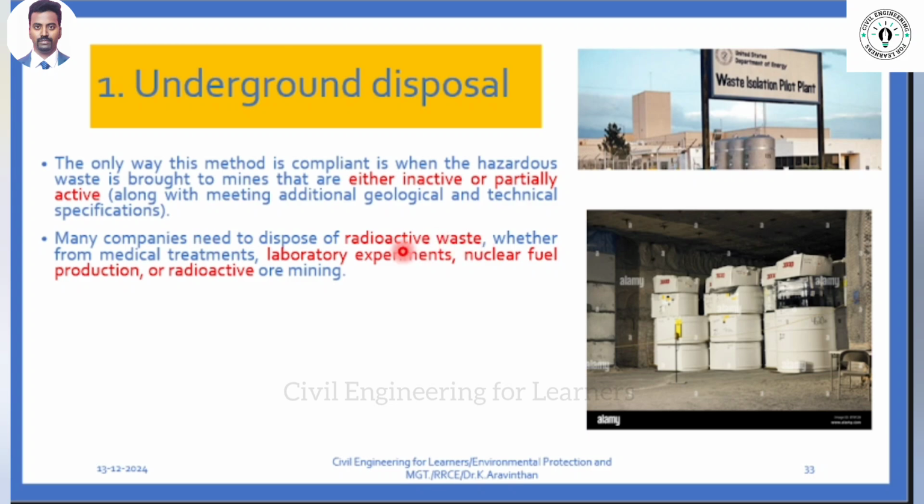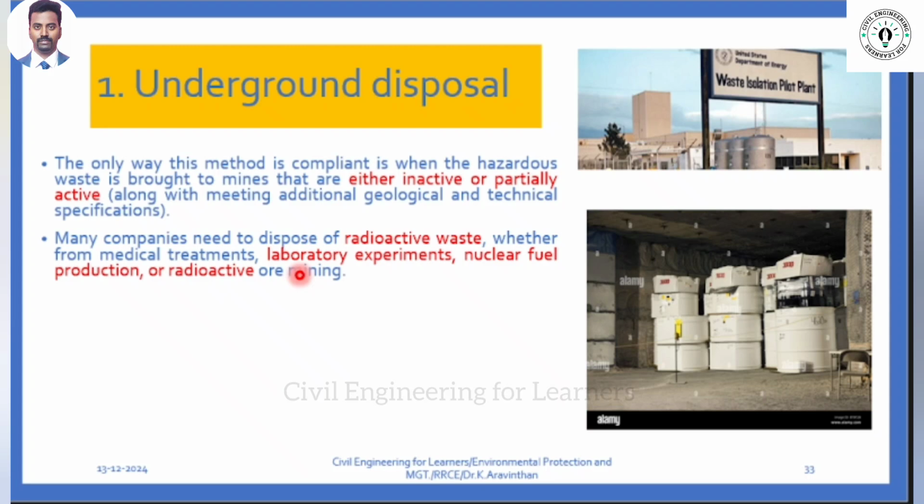The radioactive waste. This is an example. They dispose of radioactive waste underground so that common people cannot go to this place. Why? Because it is hazardous and harmful. What things do they dispose of underground? Radioactive waste. Where are radioactive materials used?